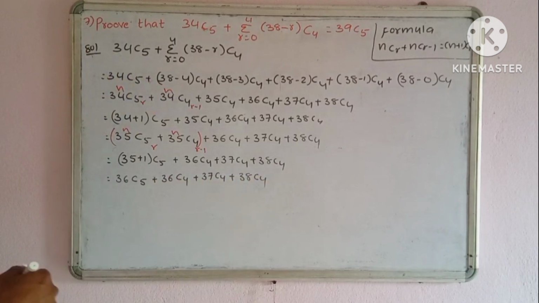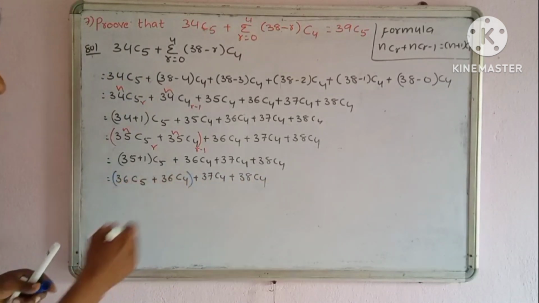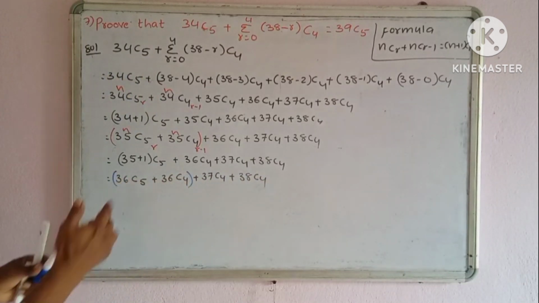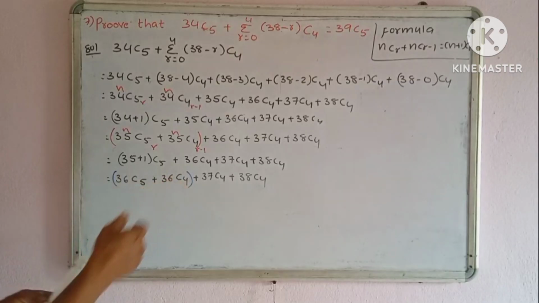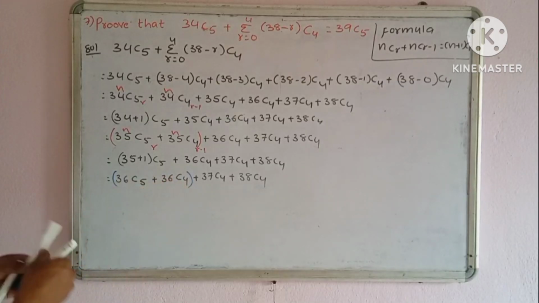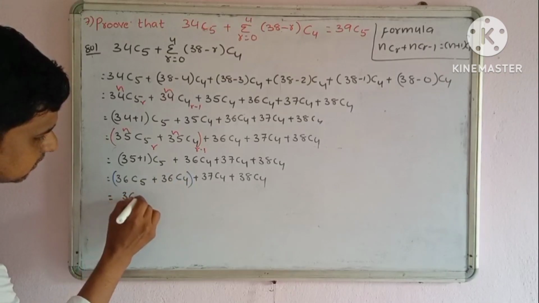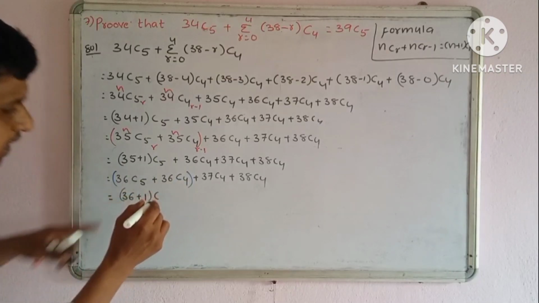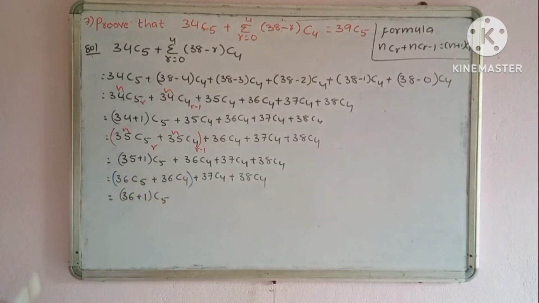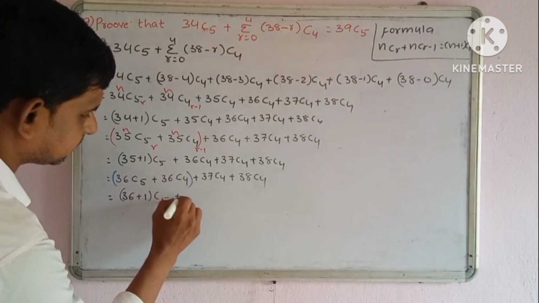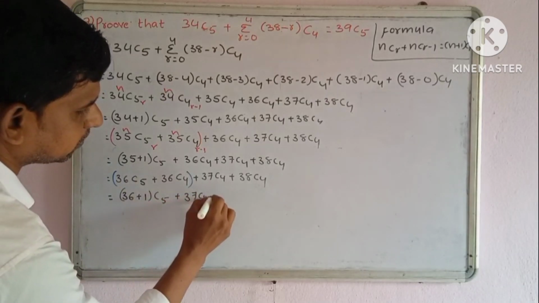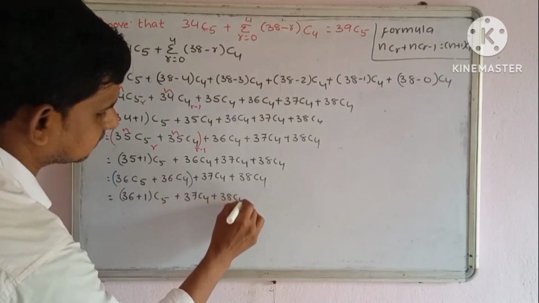Next, observe these two terms. nCr plus nCr minus 1 is the same, n plus 1 Cr. So that equals 36 plus 1 C r, with r value 5, plus 37C4 plus 38C4.